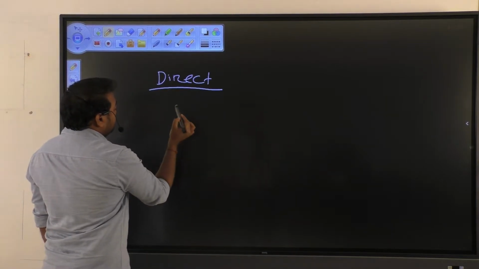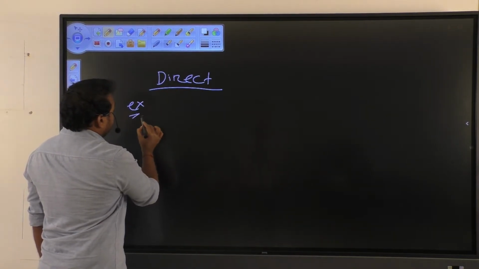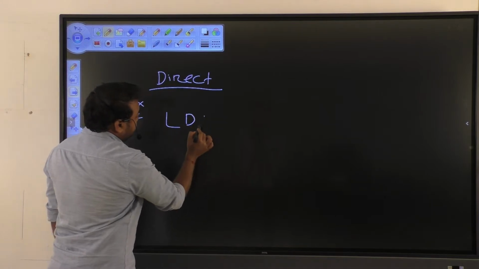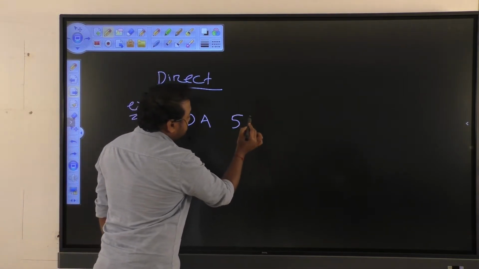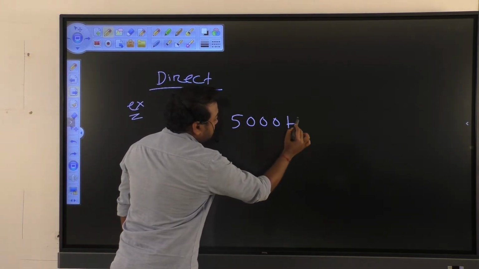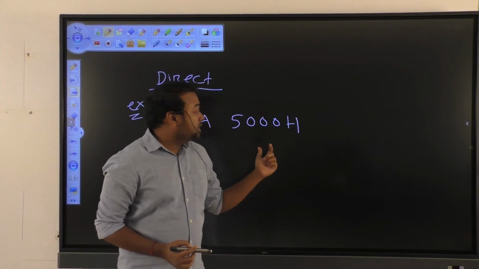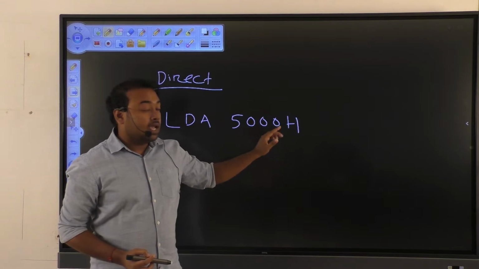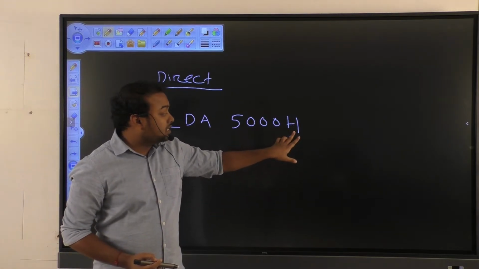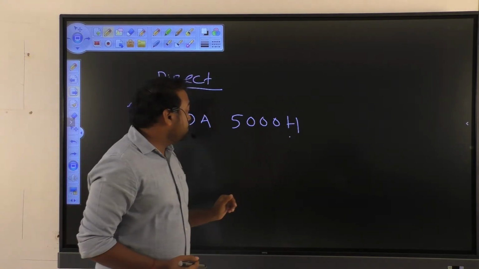Let us take an example. LDA 5000H. All the data we are using in this microprocessor is in hexadecimal. This H represents a hexadecimal number.